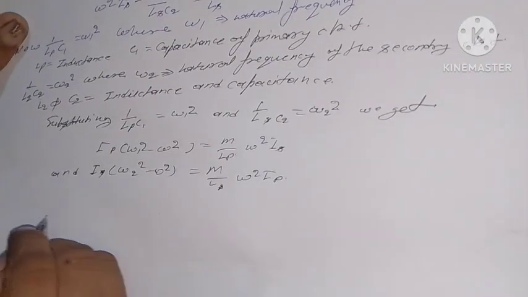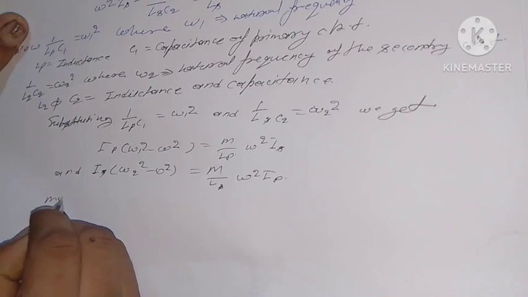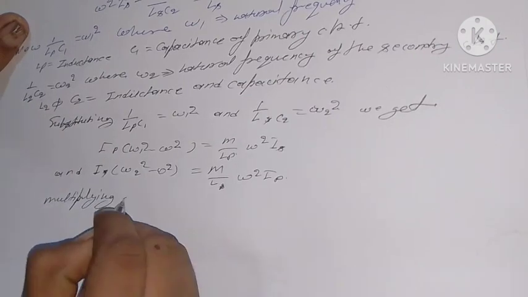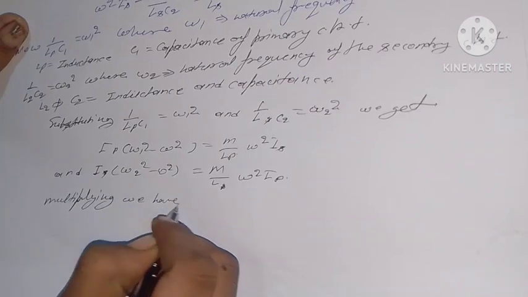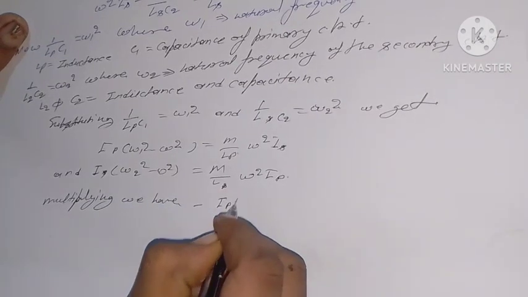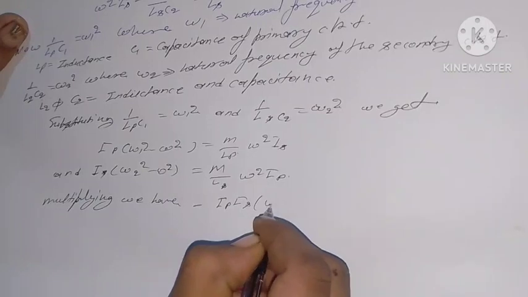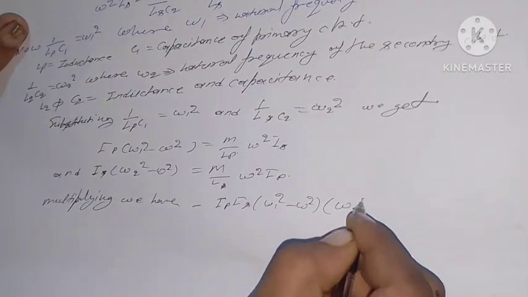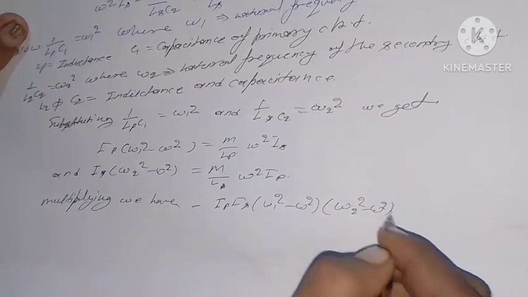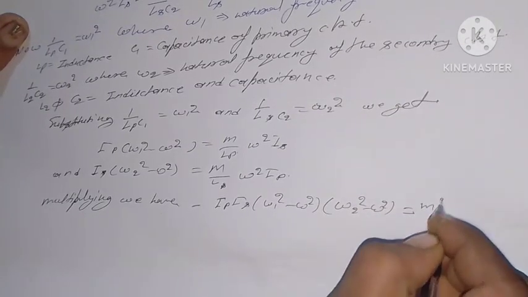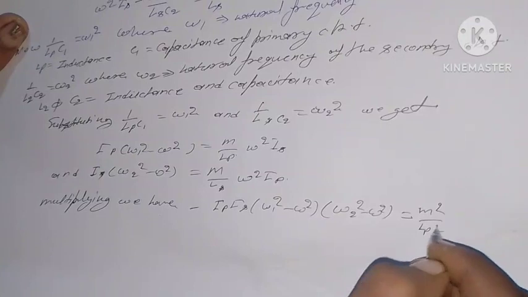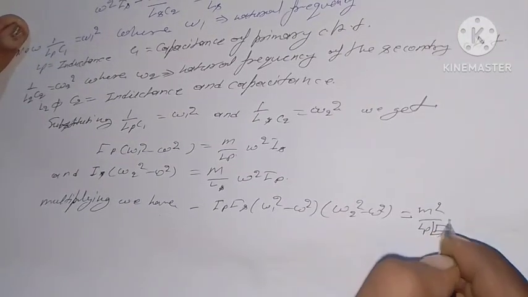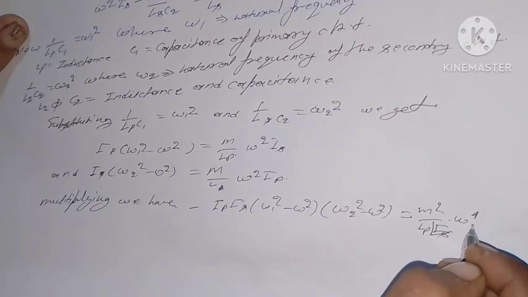Multiplying, we have IP IS (W1 square minus W square)(W2 square minus W square) equal to M square upon LP LS into W to the power 4.